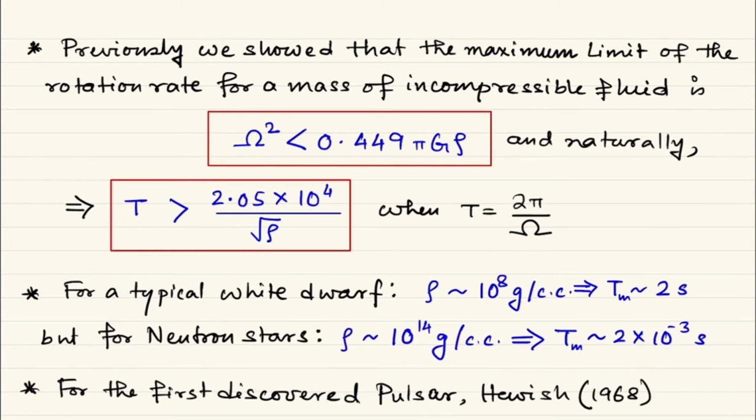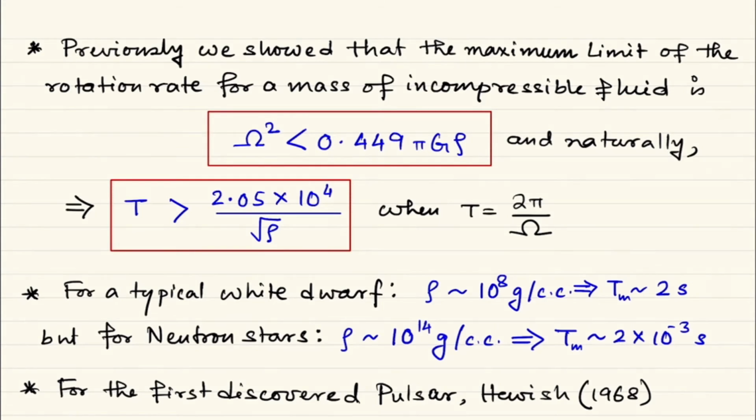If the rotation rate is greater than this critical value, then some mass will fly off. Naturally from this we have a lower bound for the time period, because the time period is 2 pi by omega, and the time period should be greater than 2.05 into 10 to the 4 by root over rho. Of course the fluid is nearly incompressible here.